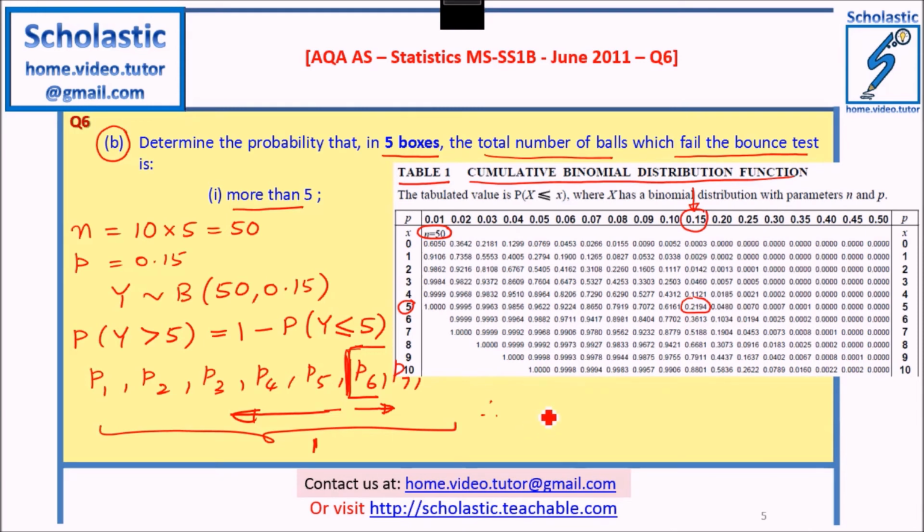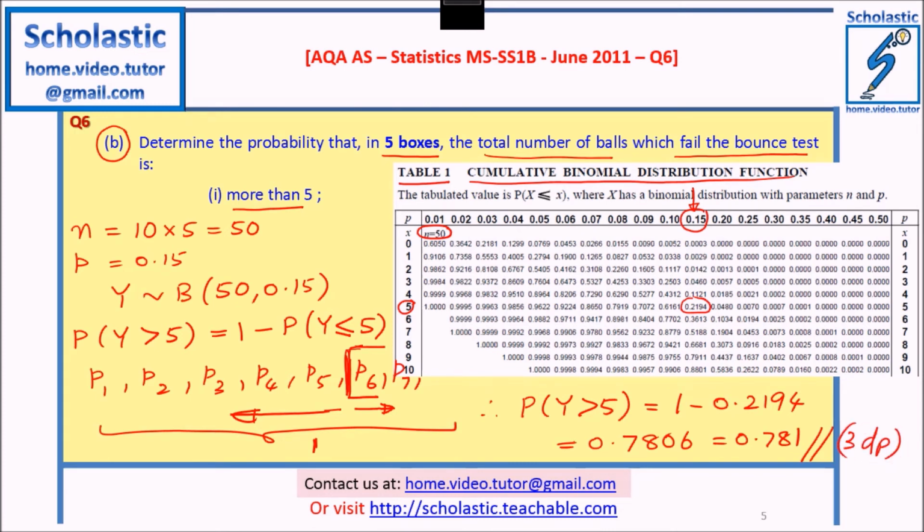So therefore the probability y greater than 5 is equal to 1 minus 0.2194, which is equal to 0.7806 or 0.781, to 3 decimal points. Great. That is the answer to question 6, part B, part 1.